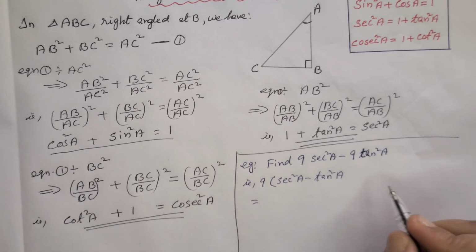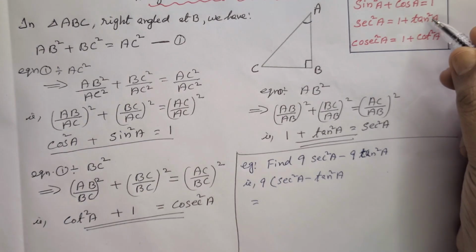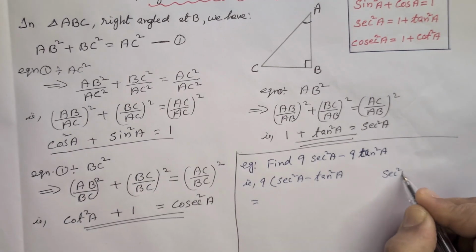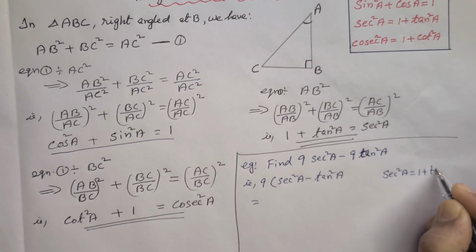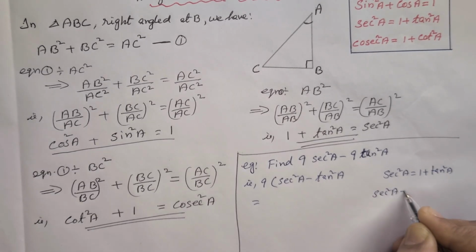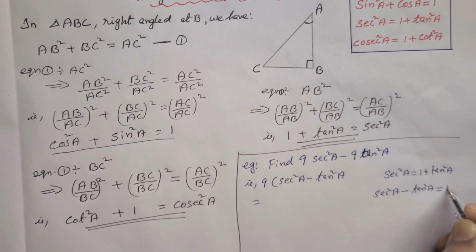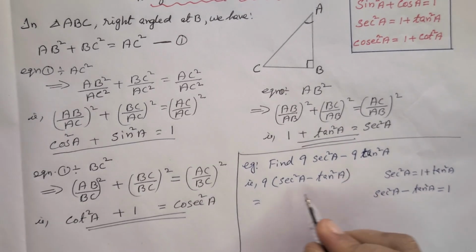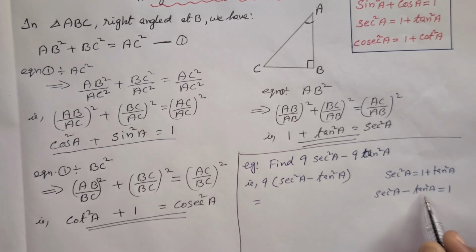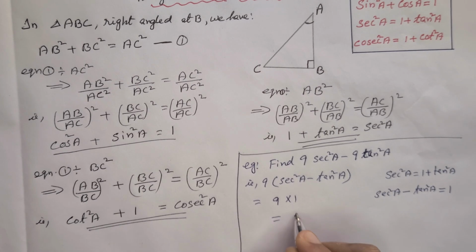We have the identity connecting sec and tan, that means the second identity, sec square A is equal to 1 plus tan square A. When we move tan square A to the left side, sec square A minus tan square A is equal to 1. So in place of this bracket, we can put 1. That means 9 into 1, which is equal to 9. So this is the way we can use the identity to solve questions.